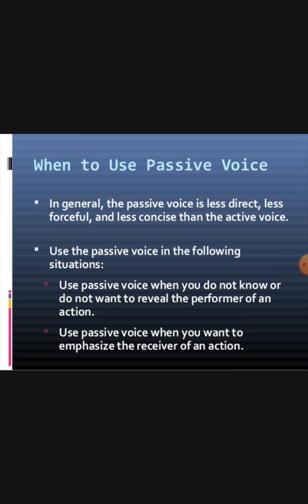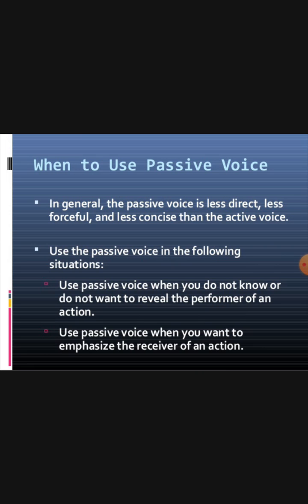For example, as I told you in the previous example, in the active sentence we say the waiter dropped the tray. I am speaking directly, that he dropped the tray. But if I don't want you to know who dropped the tray, I will use passive voice.